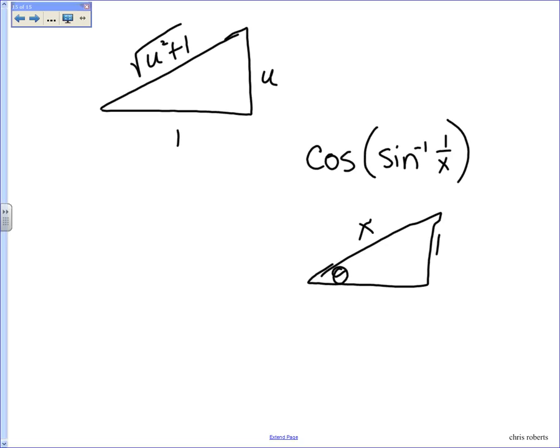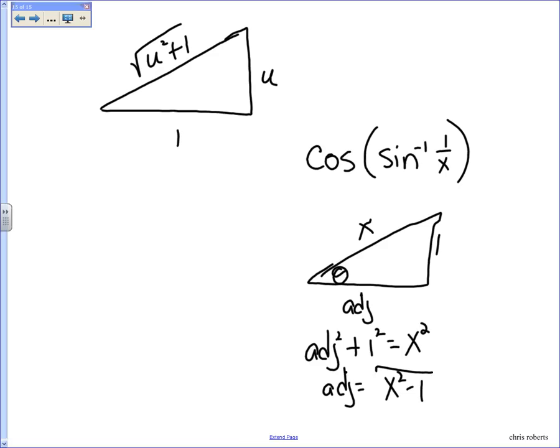Now to find this remaining side, we can call it whatever we want. Let's call it the adjacent, just for fun, because it is the adjacent. Using the Pythagorean theorem, we have the adjacent squared plus 1 squared is equal to x squared, the hypotenuse squared. So this adjacent is going to be equal to the square root of x squared minus 1.